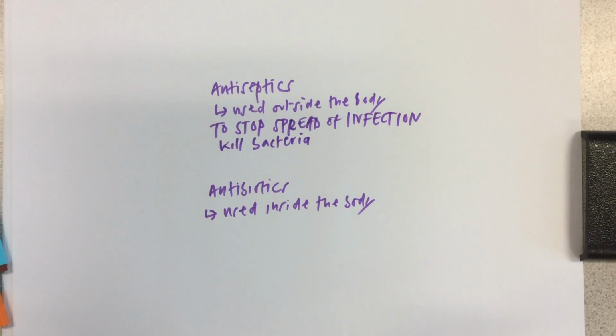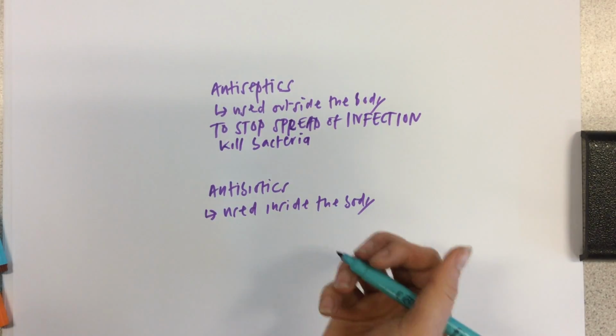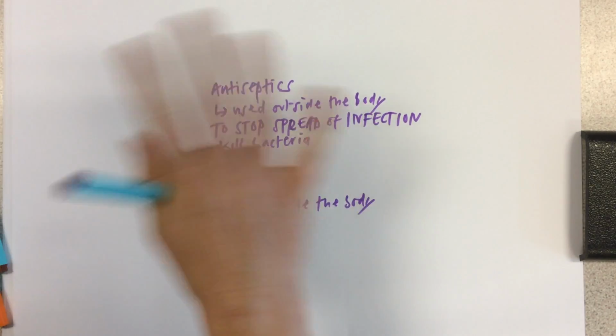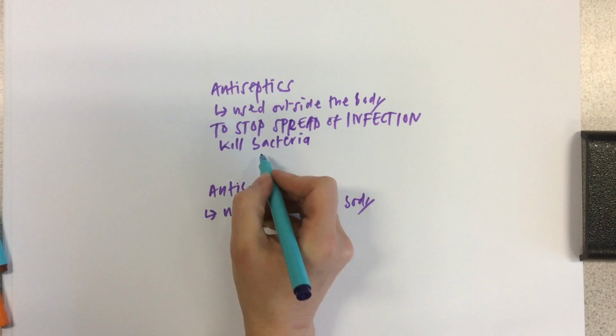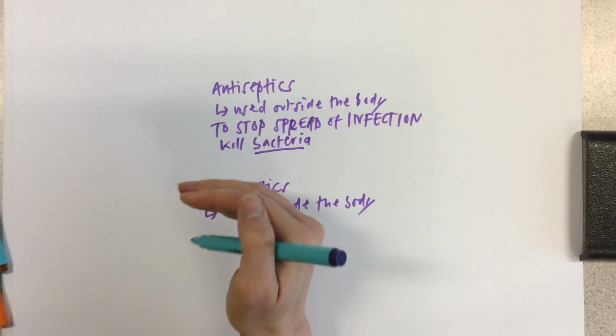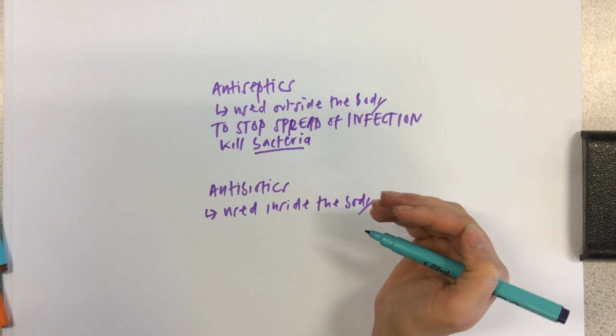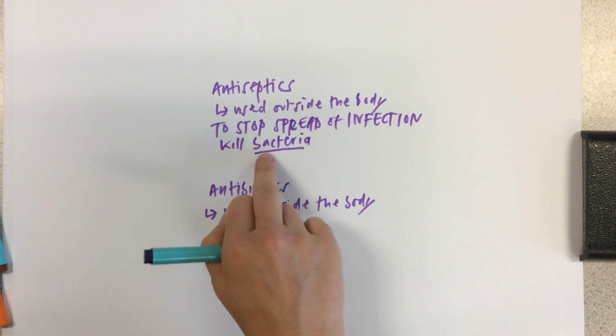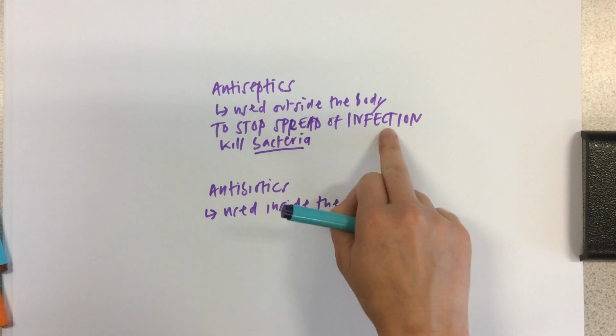So you might use them to clean up a wound, or you might use them as like a surface cleaner in your house. And they're not used to treat a wound or illness, but they're used to really kill it and stop it from spreading.